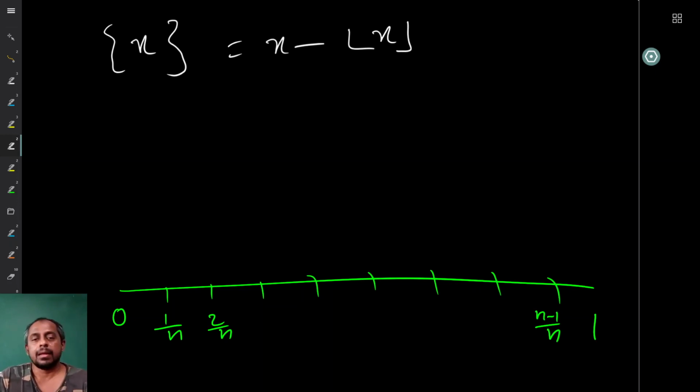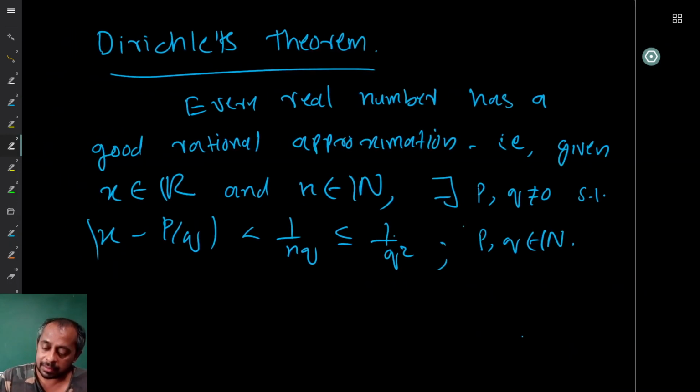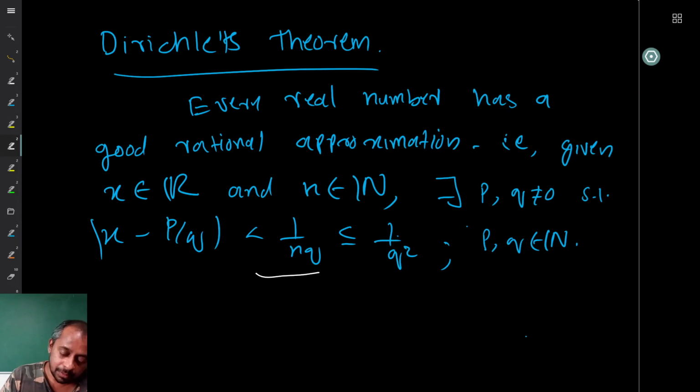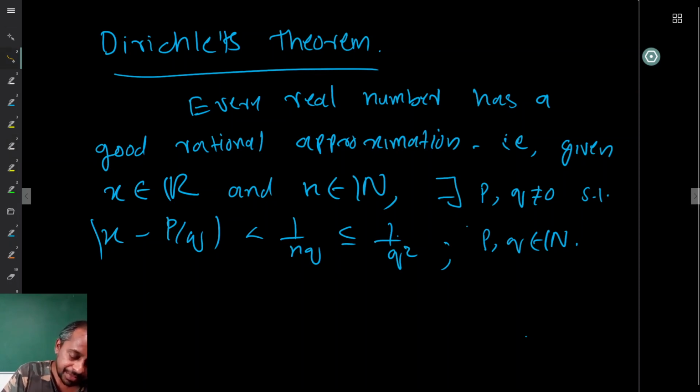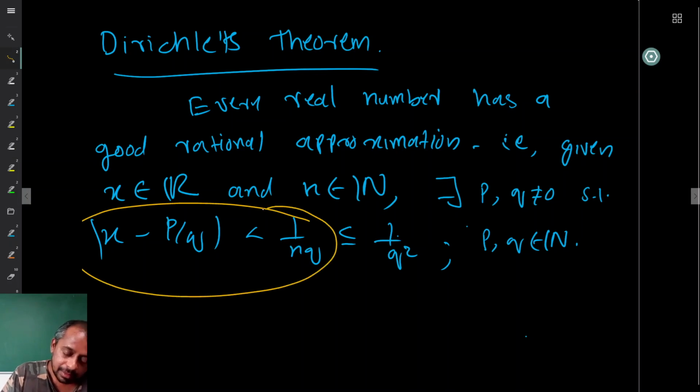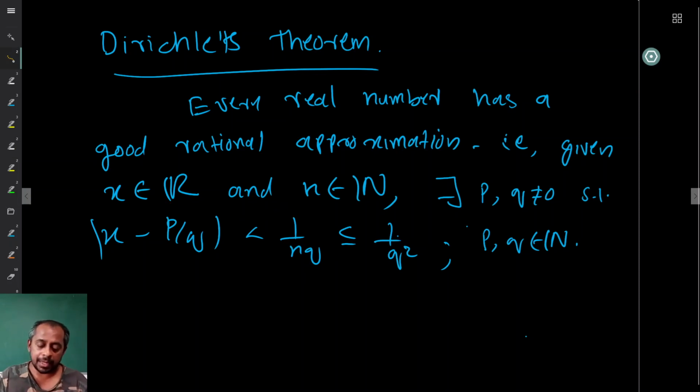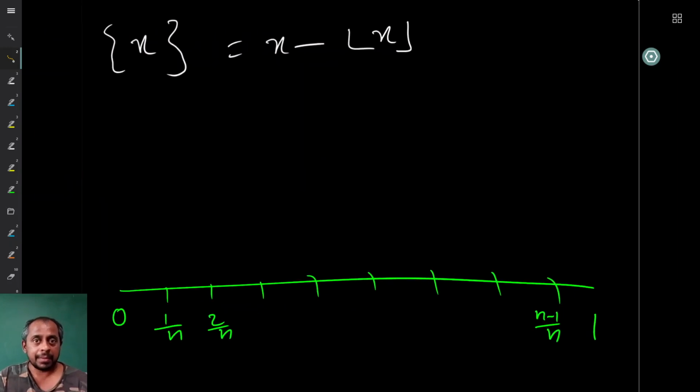So we have the property that it is going to be between 0 and 1. Now this inequality gives us a clue. So 1 by n is something that we can understand, right? Because you give me n, 1 by n is a very, very small number, epsilon.